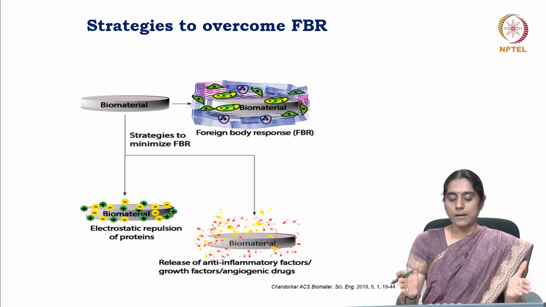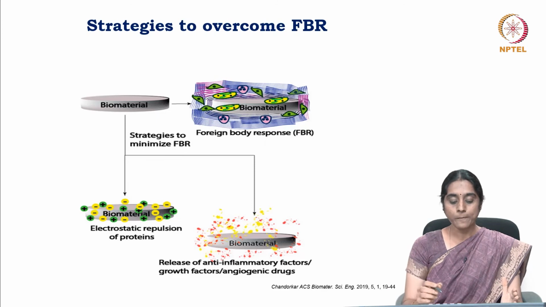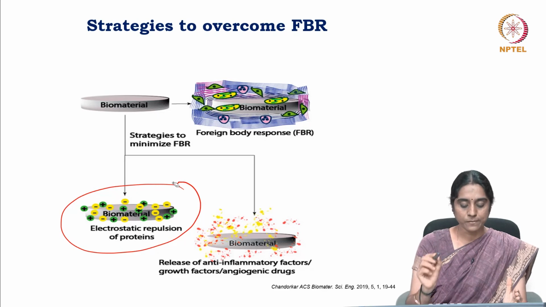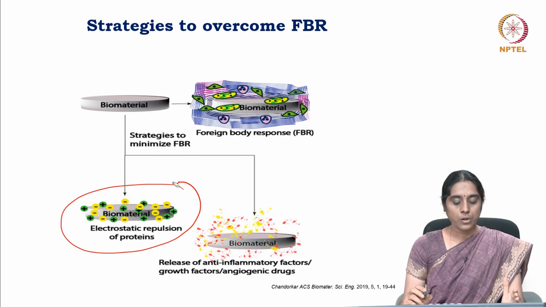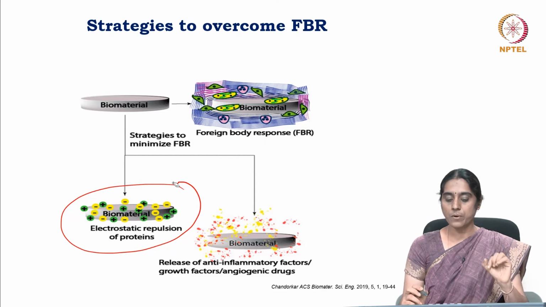So, here is a broad way of doing it. This strategy has been given. One is by electrostatic repulsion of proteins. So, you coat the biomaterial in such a way that it does not allow the protein to absorb on its surface. This is one way.